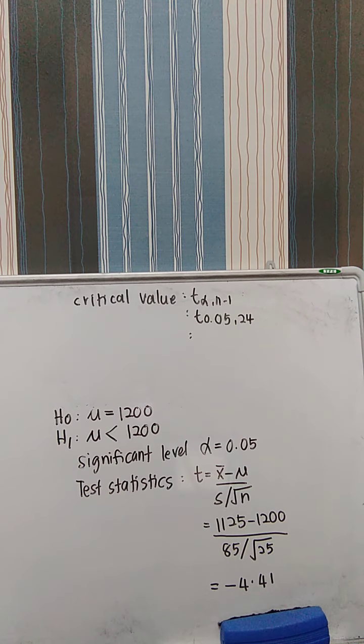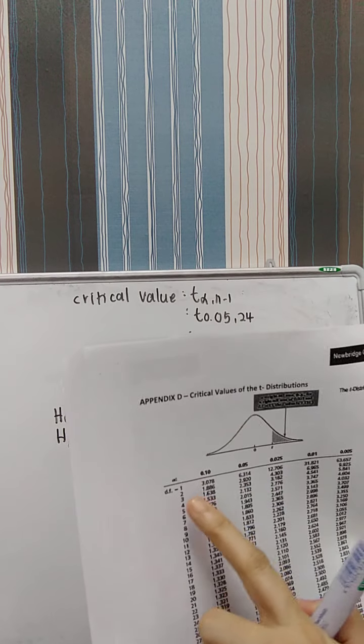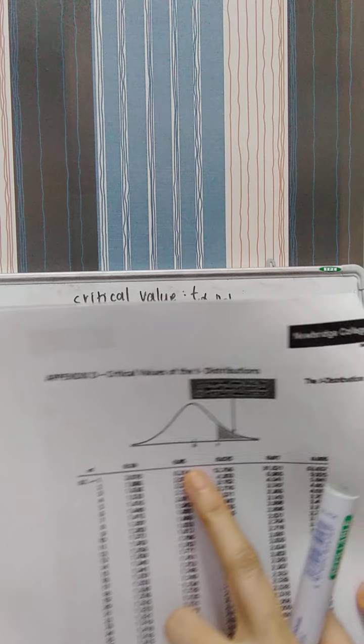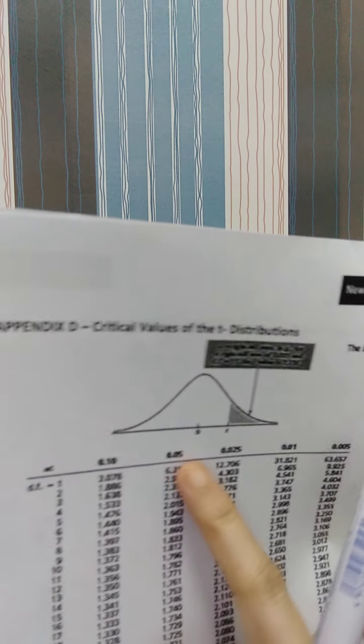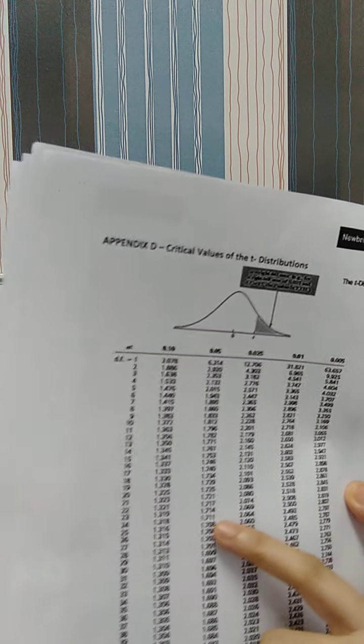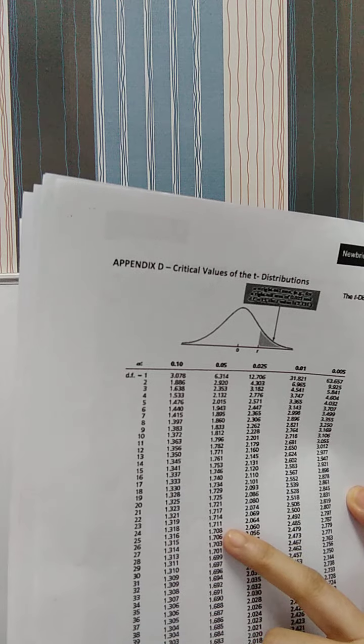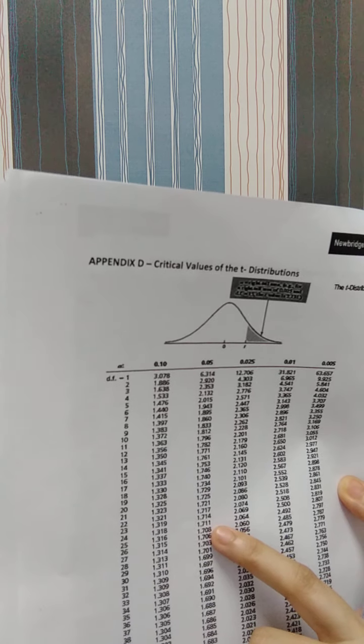So read the value from the table. You find on the top 0.05, and then you find n is 24. So the answer from the table is 1.711.